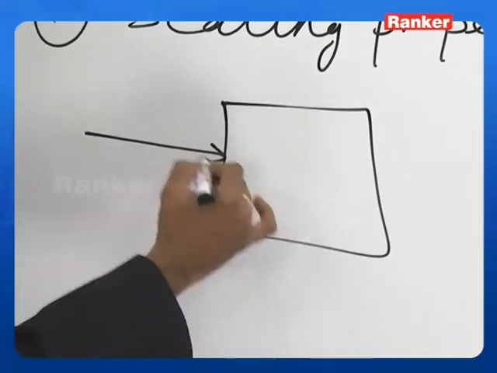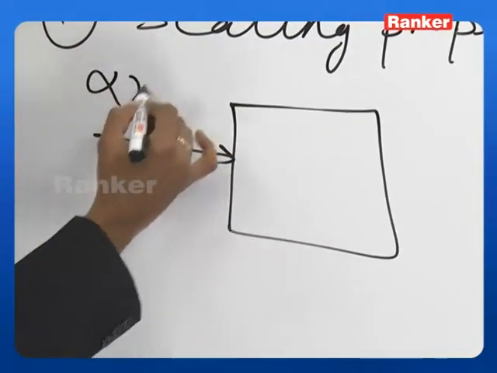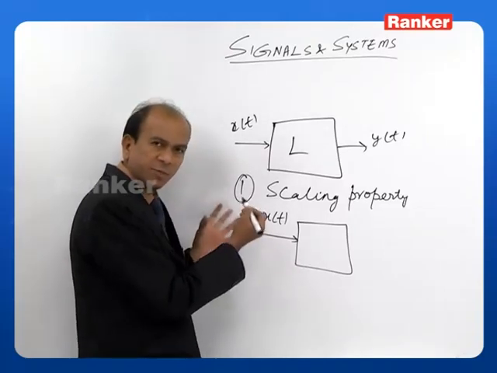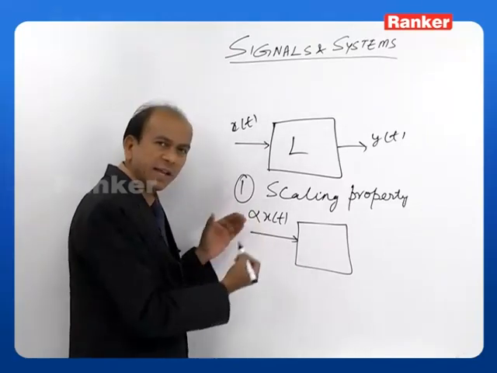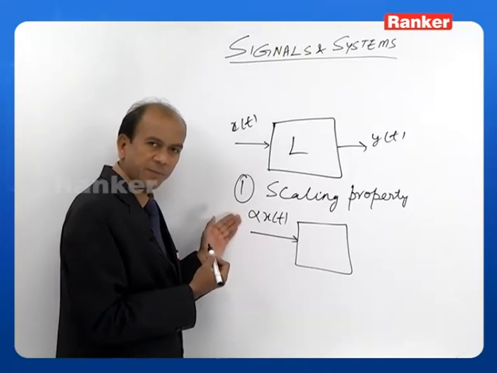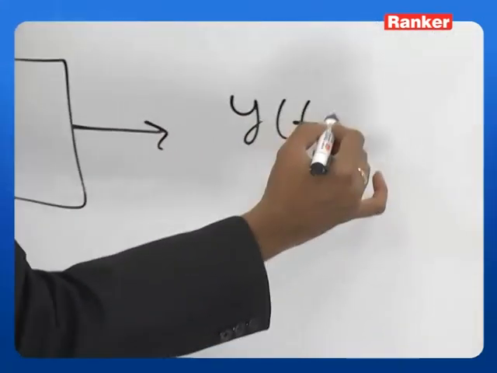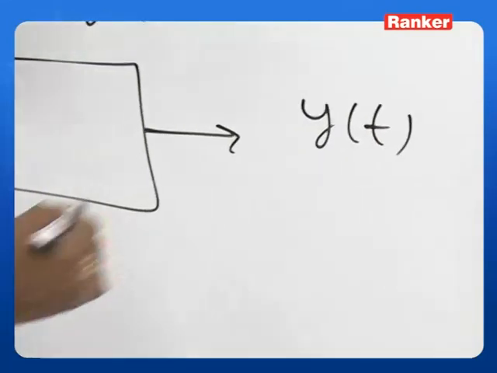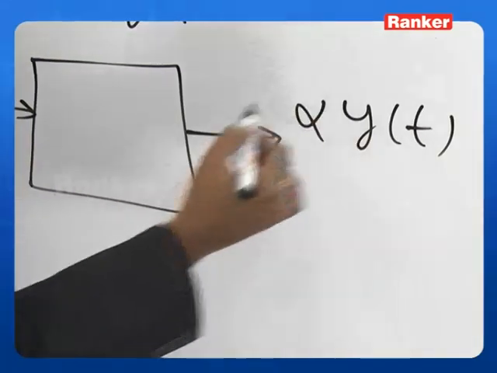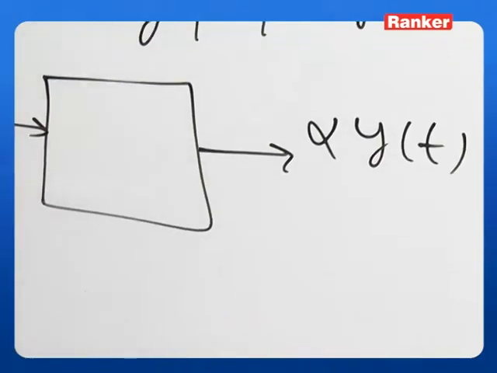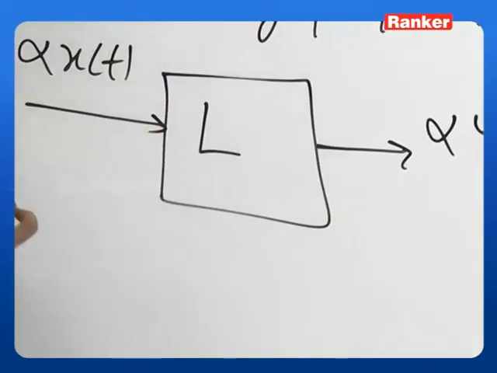So we will give an input which is scaled by a factor alpha, where alpha is some numerical value. So we are scaling x of t by a certain factor alpha here. Now, if the output earlier was y of t for the system, then the output is also scaled by a similar factor alpha, and then the system is called a linear system.